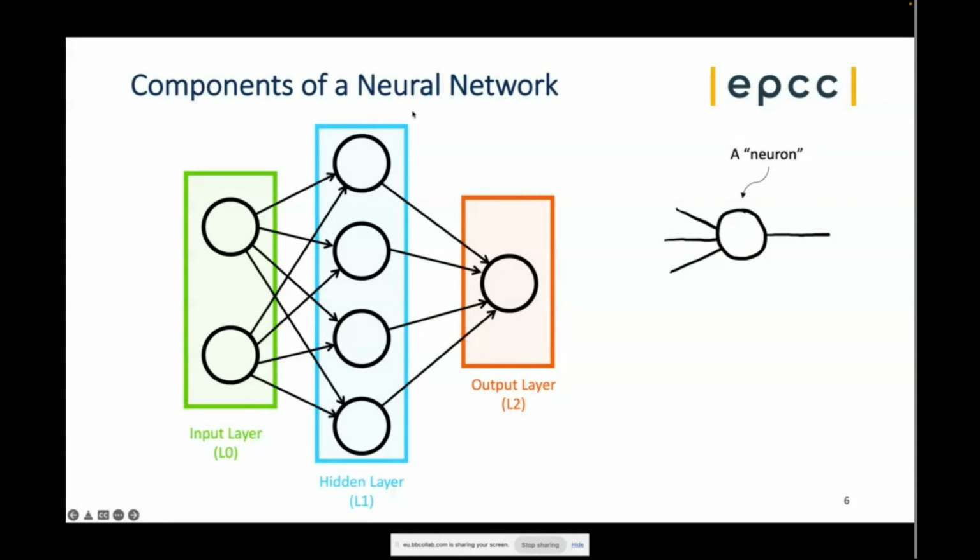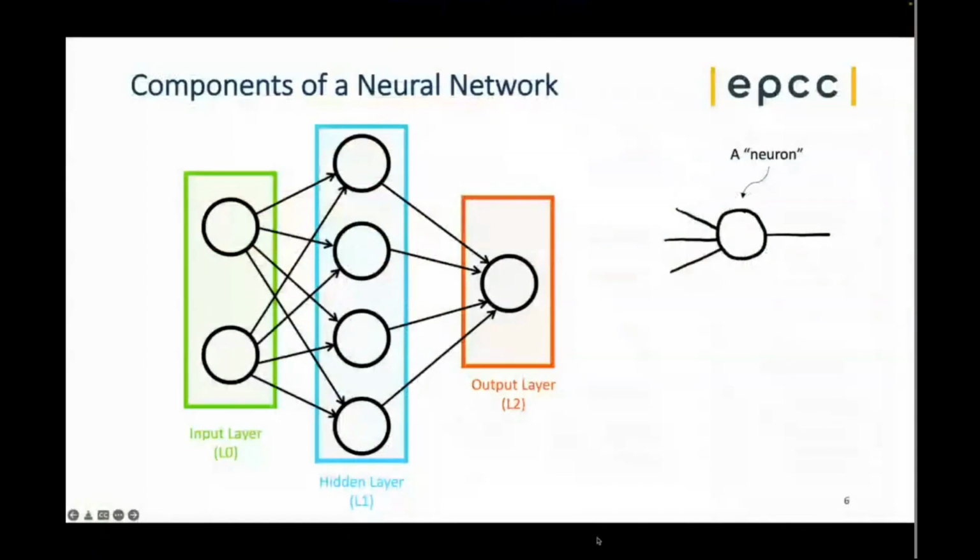What we can do is add as many hidden layers as we want into our neural network. And as you'll see further down, the more layers we add, the deeper this network becomes. Really the only thing behind what makes a neural network deep is that it has many layers.